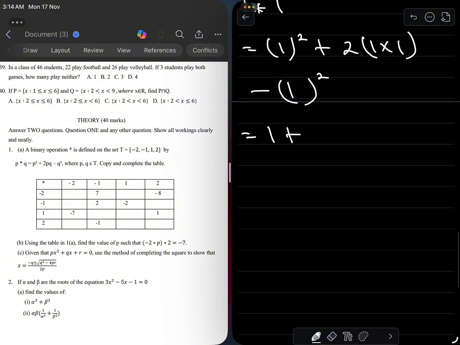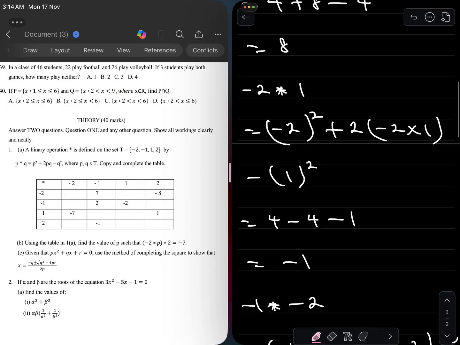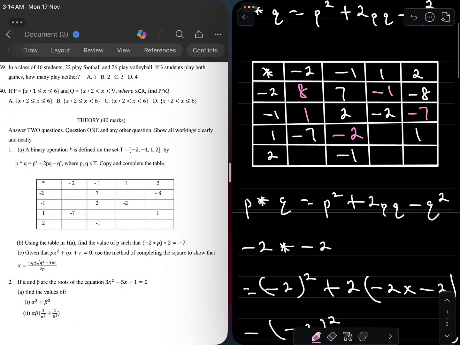And that simply means 1 plus 2 minus 1. 1 plus 2 is 3, 3 minus 1 is 2. That means 1 asterisk 1 is 2.